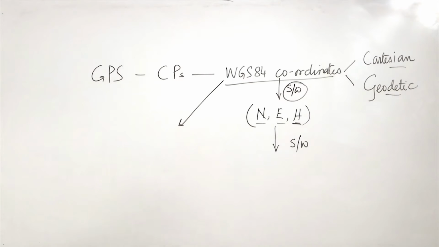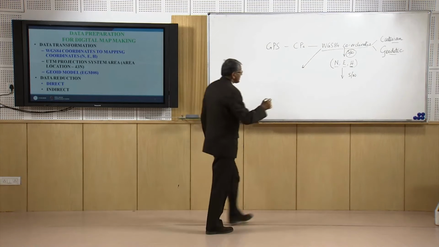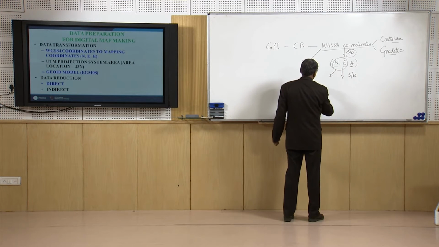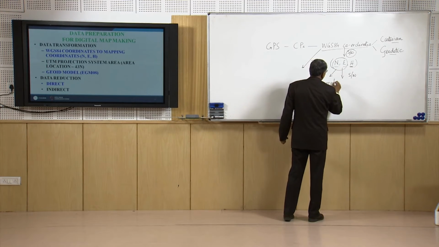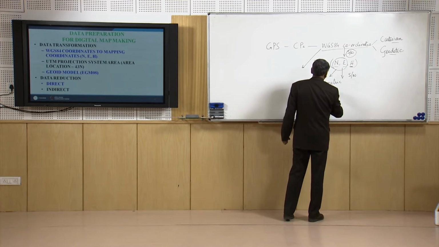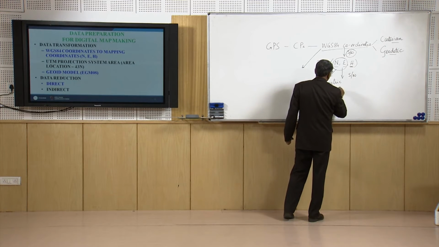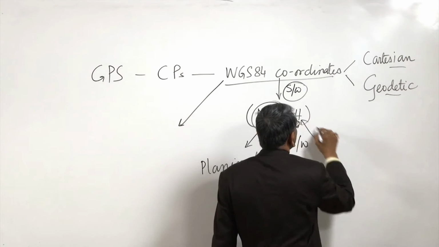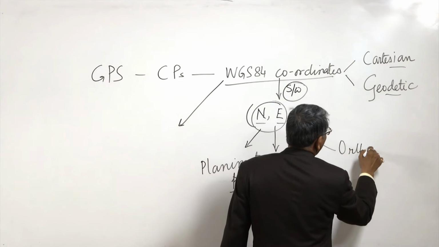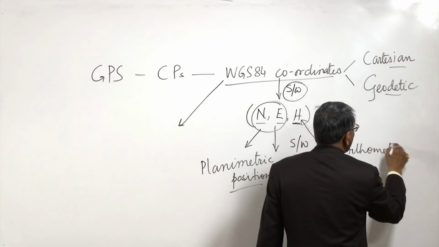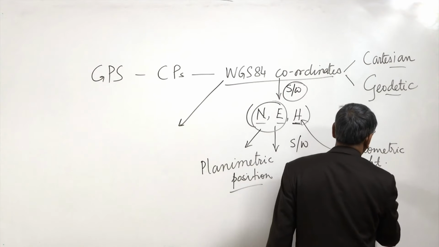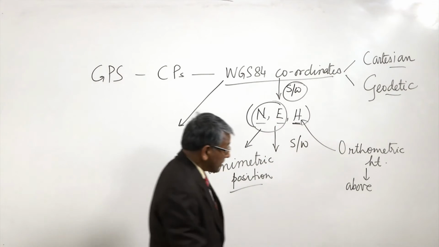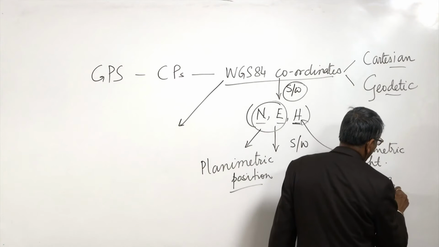Now this north, east is the planimetric position. That means we consider it on a plane, and this height is the orthometric height, and this height is above the geoid.